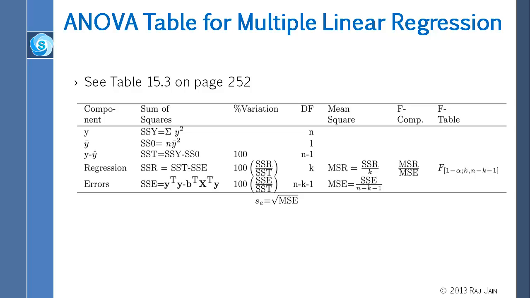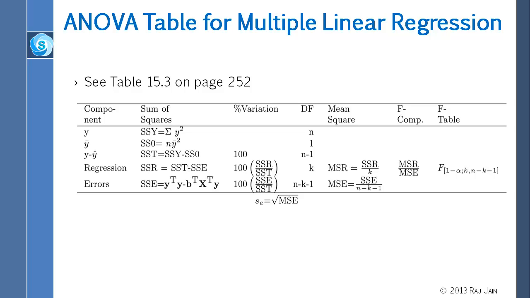And we write down 100% variation. This is the total variation that we need to explain. Then we write down the regression, where SSR is equal to SST minus SSE. Before we can compute that, we have to compute SSE, so we go to the next row, errors, and put down the SSE value we computed from the tables. Then we can compute SSR.